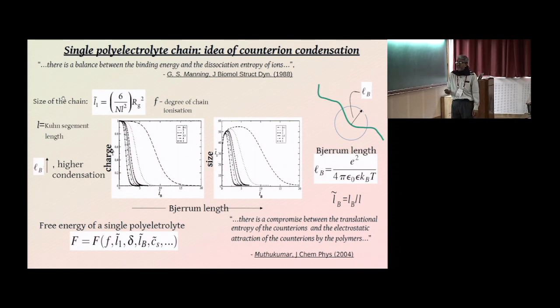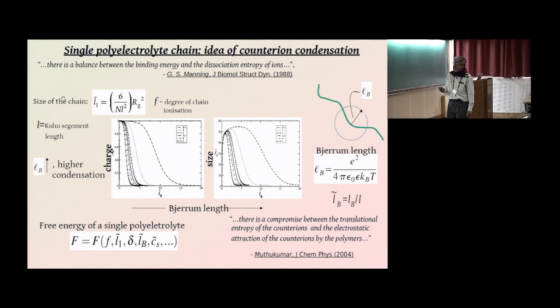One can see there is condensation of counterions on the polymer, and the charge goes down. The bare charge of the polymer goes down, and accordingly the size in the condensation regime. But there is some non-monotonicity which is well known.